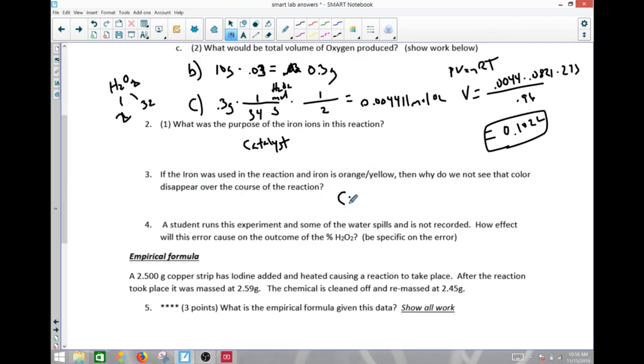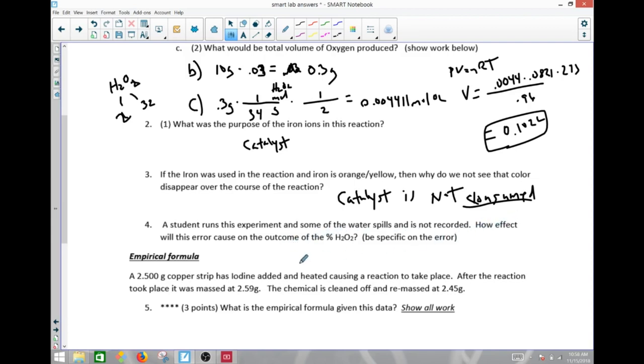Because a catalyst is not consumed, or a catalyst doesn't wear out, so it is always there at the beginning, it's always there in the end, not consumed.